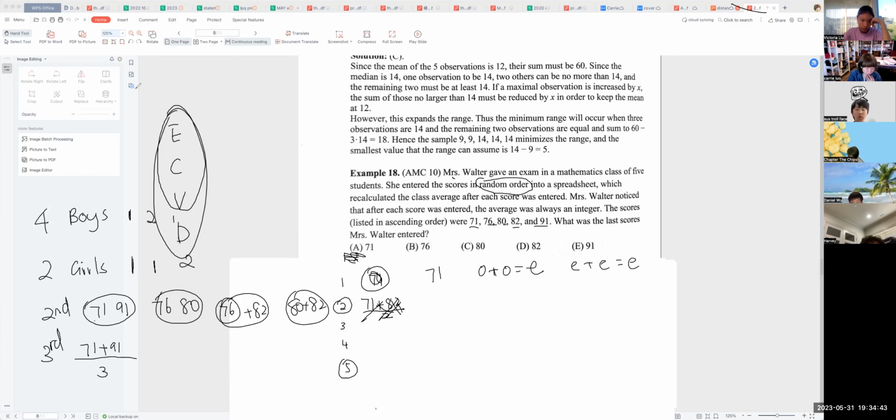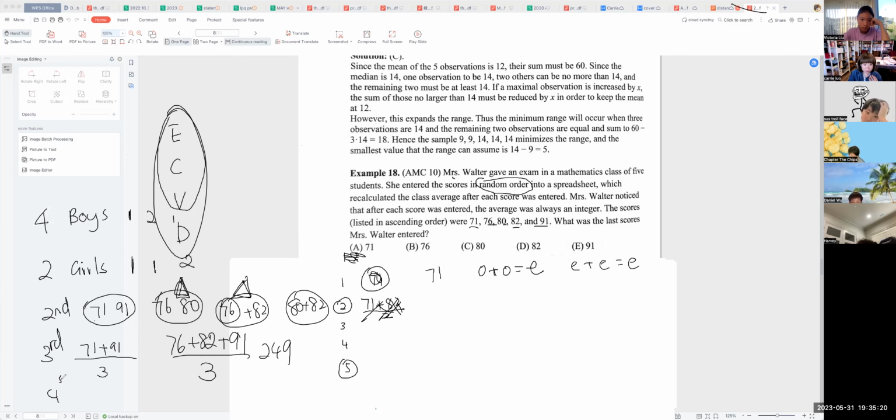Okay, so the first one, let me look at mine. So it's 60, 76, 82, and 91. The first ones I chose are two even numbers, 76 and 82. And 76 plus 82 plus 91 is divisible by 3, because the sum together equals 249.